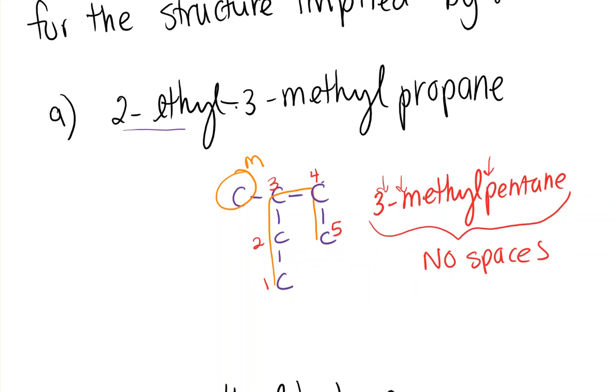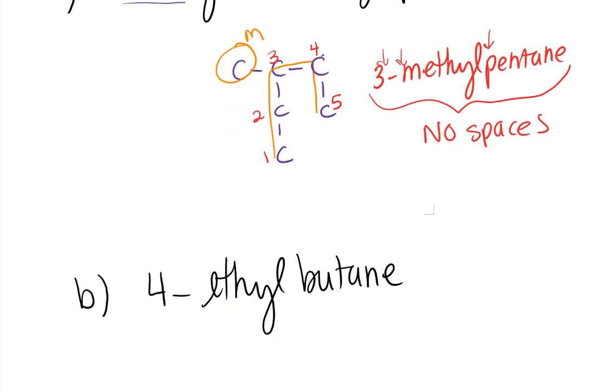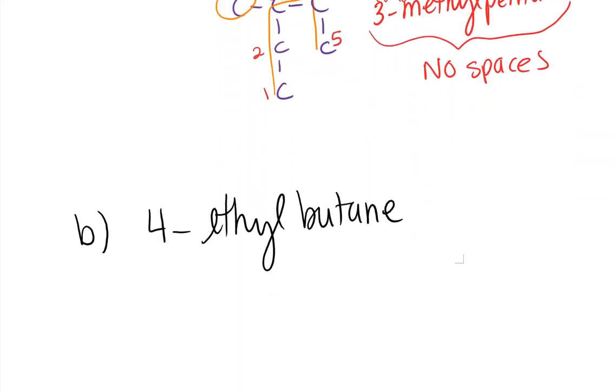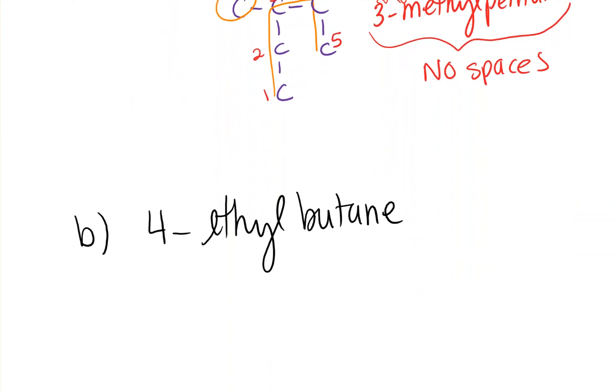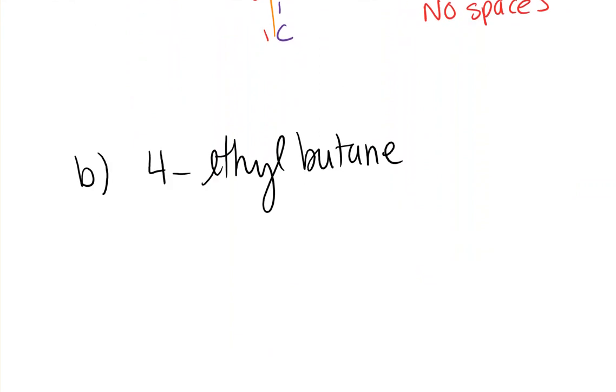Okay, let's try another one. I just draw what it says, butane, that's 4 carbons. And this one has an ethyl on the 4th carbon, so that would be here.